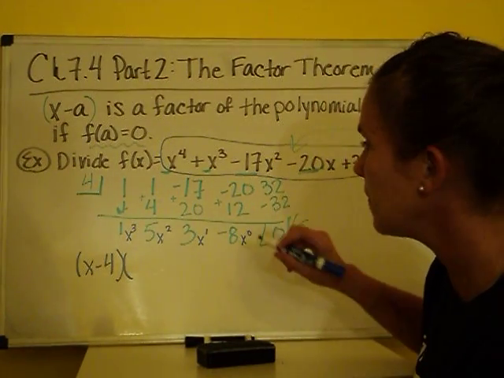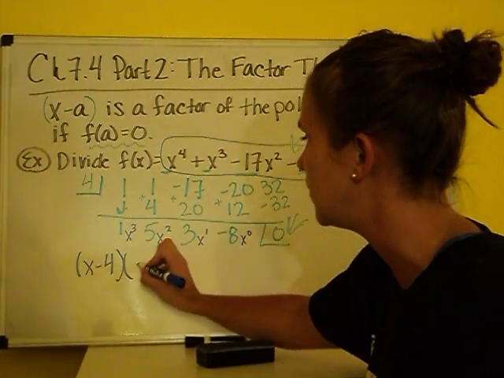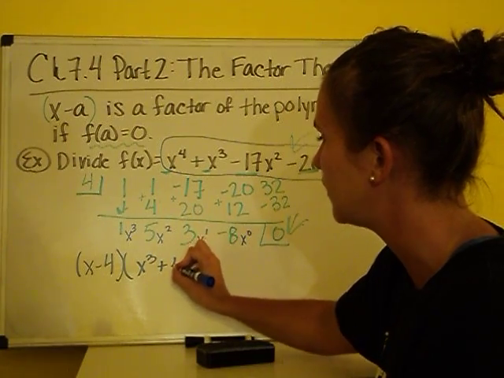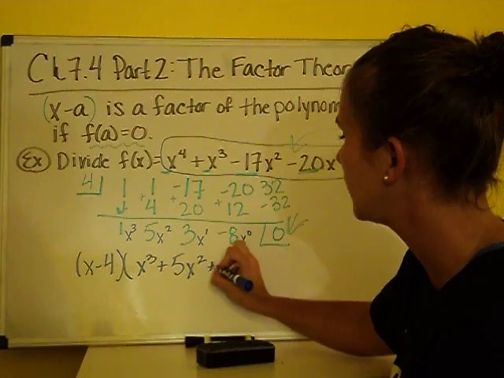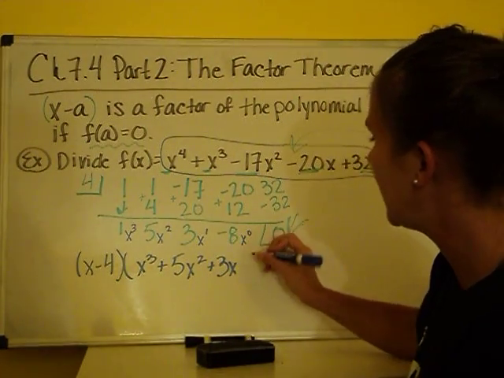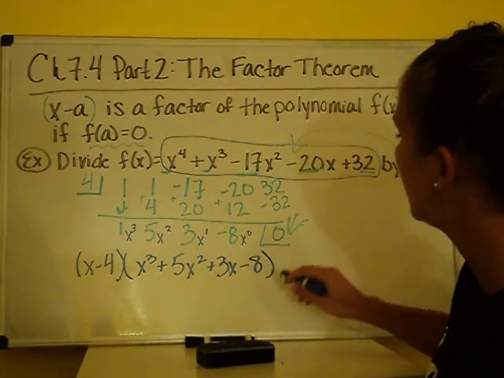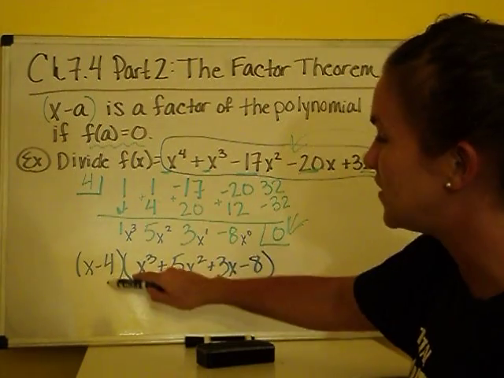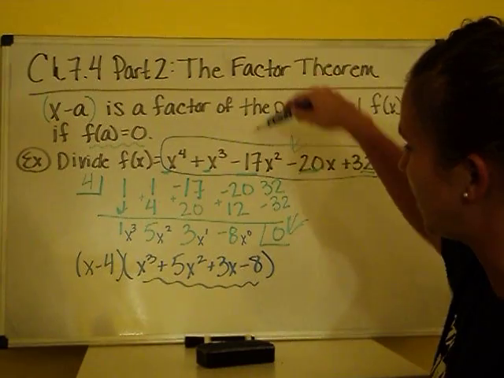So that means that our leftover polynomial is 1x cubed, a positive 5x squared, a positive 3x to the 1st, which we just recognize as x, and a negative 8x to the 0, which is just a negative 8. And this is our remaining polynomial after we divide out that factor from our original f of x.